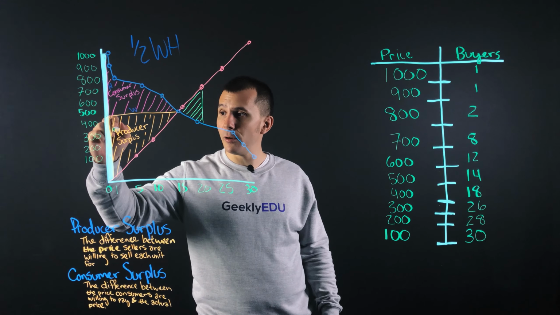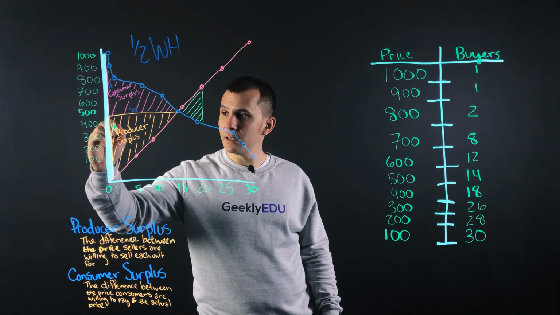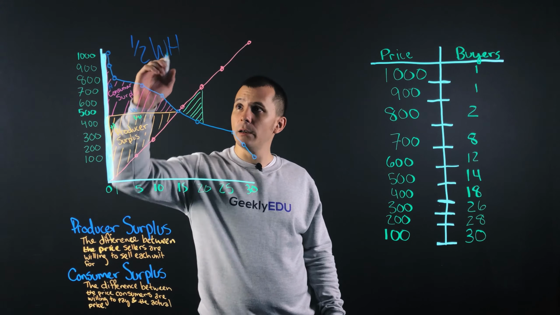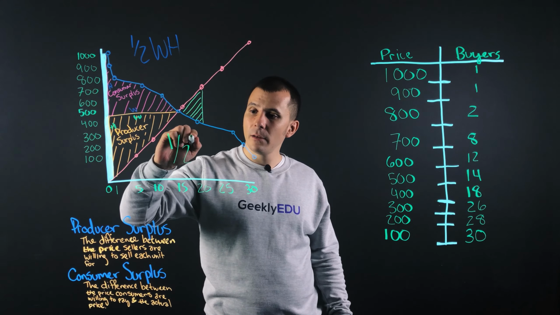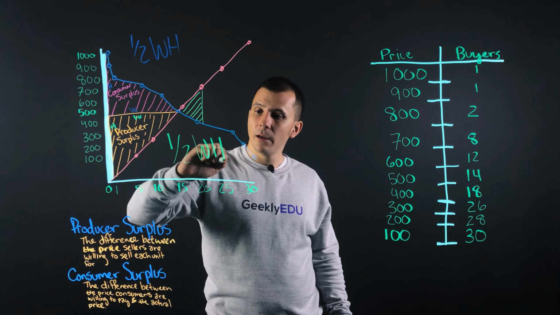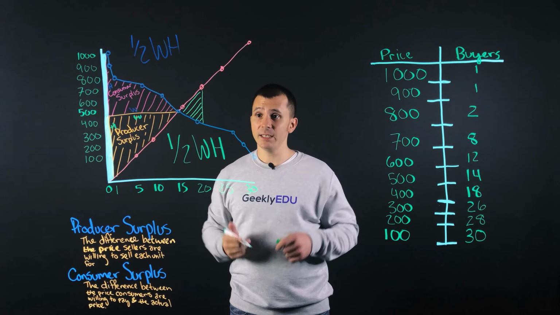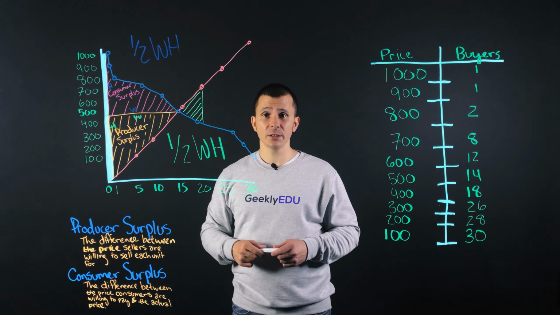We will have our height here, make that a little fatter so you can see it, and we will have our width here. So again, just 1/2 width times height. Of course you could say base and height or however you want to do it, but that's it. You put those two together and you end up with your total surplus.